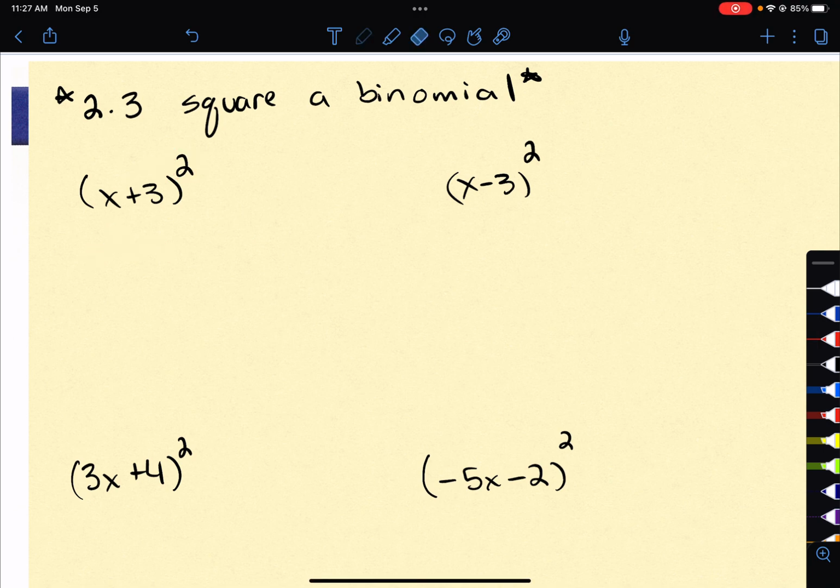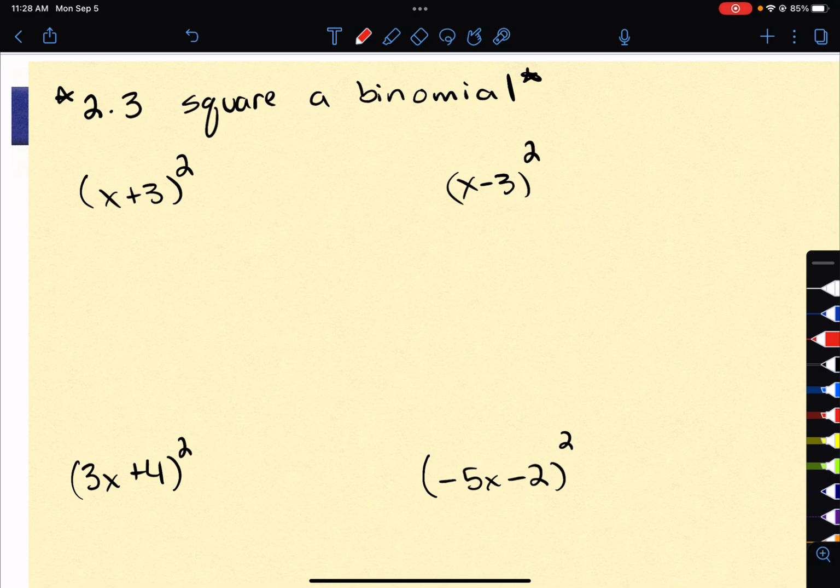You cannot, what we did in chapter 1 was this. Everything on the inside was multiplied, so you were able to kind of take that and turn it into 9x squared, right? Notice that everything on the inside is no longer multiplied because of that plus symbol.